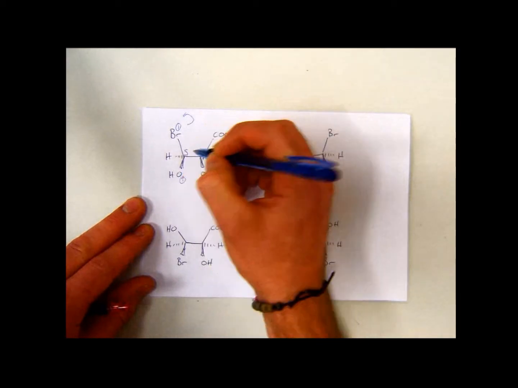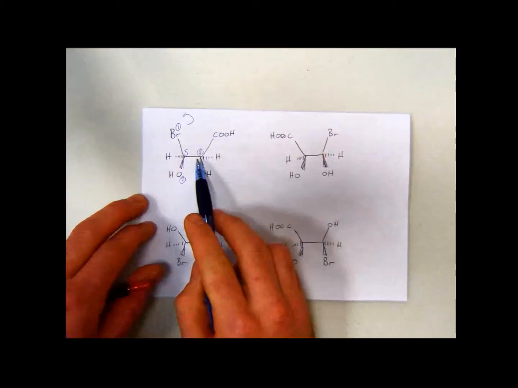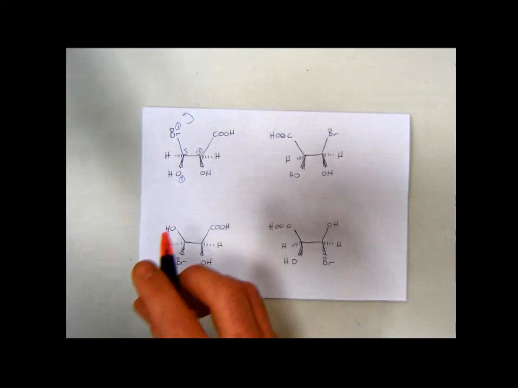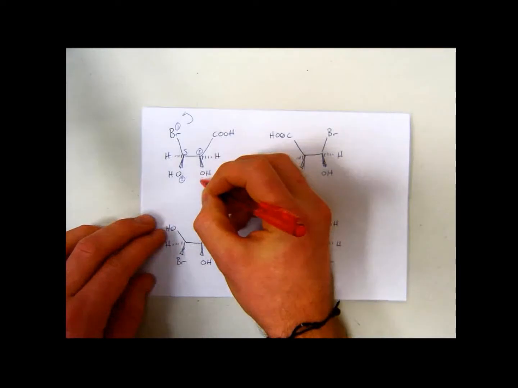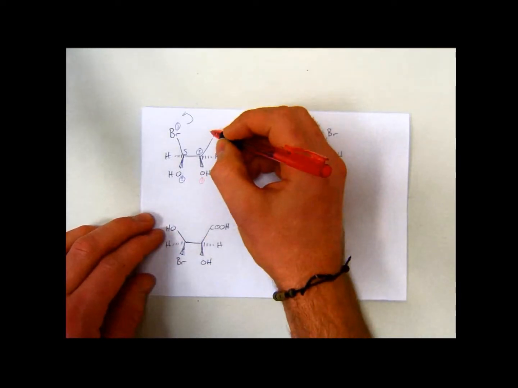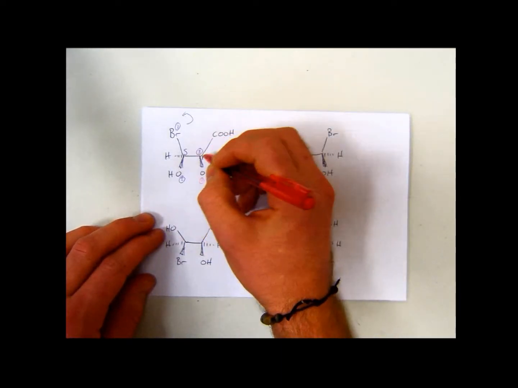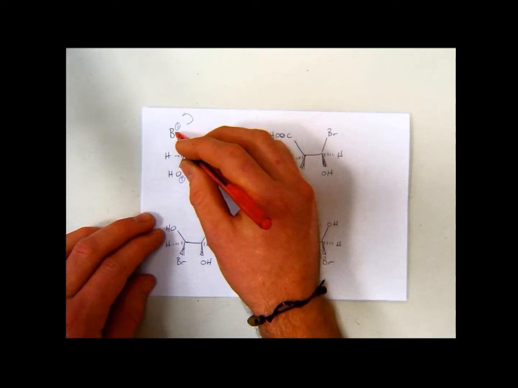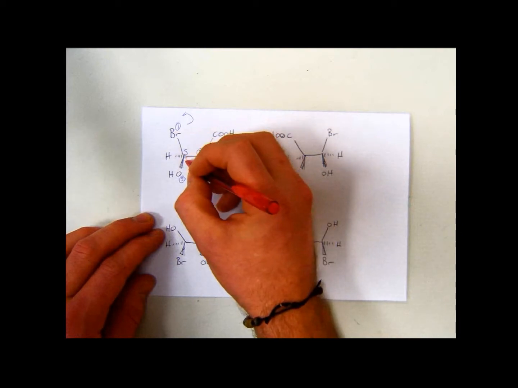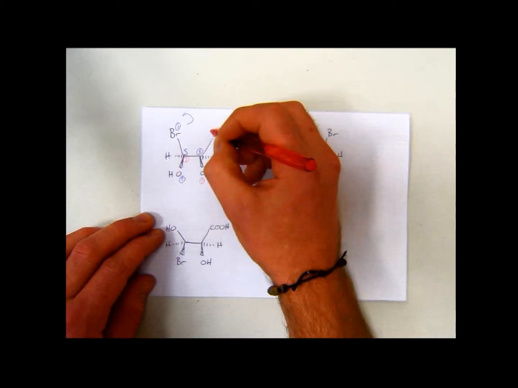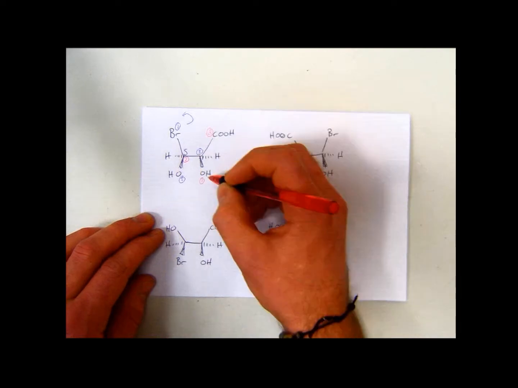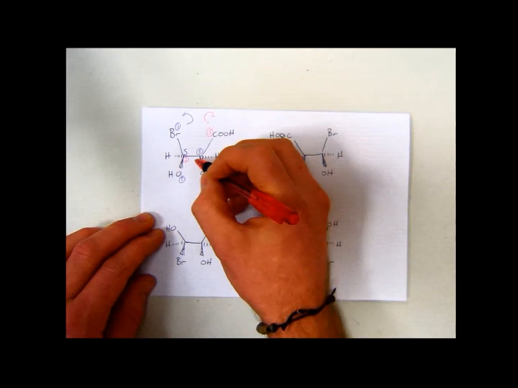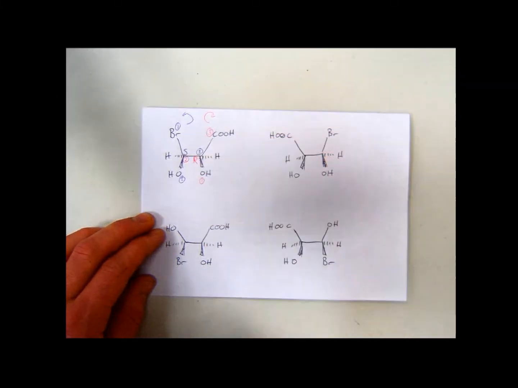Therefore, this is S. For this stereocentre, oxygen is the highest, then it goes carbon, carbon, oxygen, bromine. Bromine wins, this carbon is second, and this is third. This gives R stereochemistry.